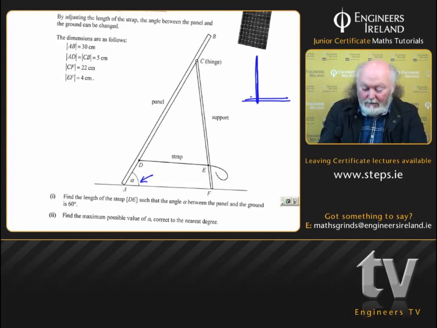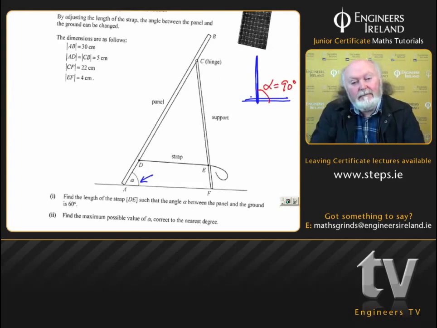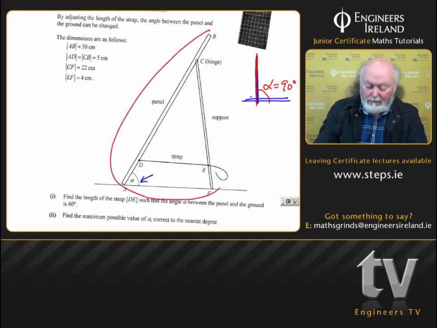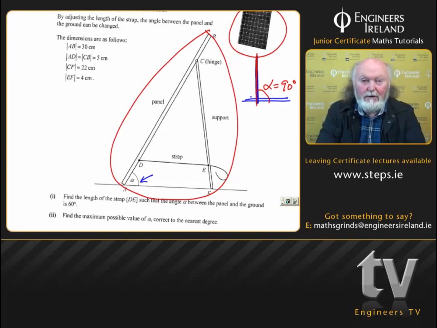And you might argue, well, that's alpha equal to 90 degrees. But you're supposed to recognize that that's not what you're being asked. Because if you do that, you don't now have a support. All you will have is everything standing vertical. You're looking for the biggest possible angle of alpha that still keeps a support for the panels.